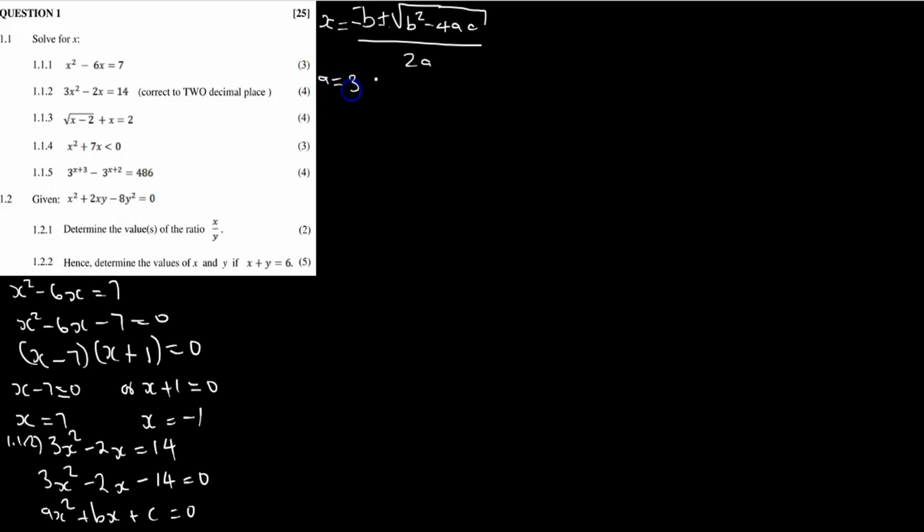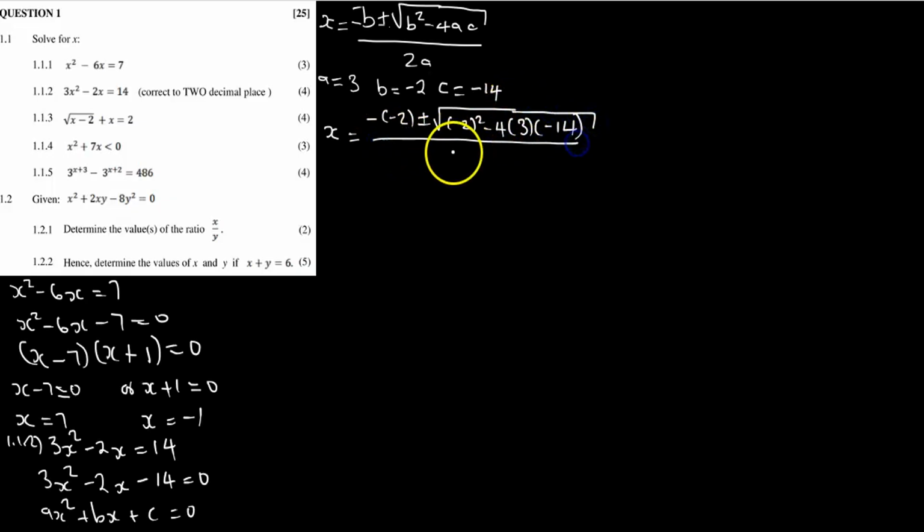And then you can now punch your calculator there. So it's negative into negative 2 plus or minus the square root of negative 2 squared minus 4 into 3 into negative 14. And then all this is over 2 into 3.